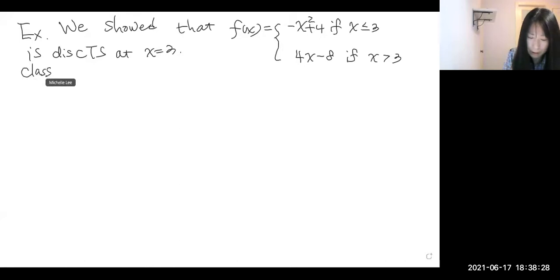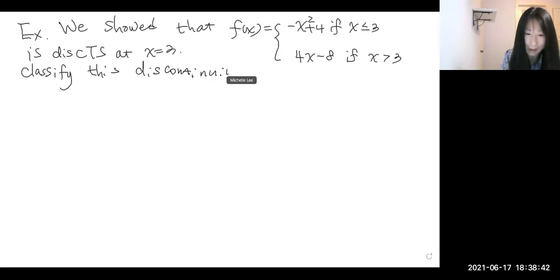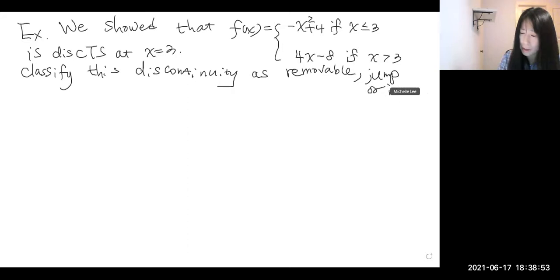Classify. I have to write down again. Discontinuity as removable, jump, or infinite.